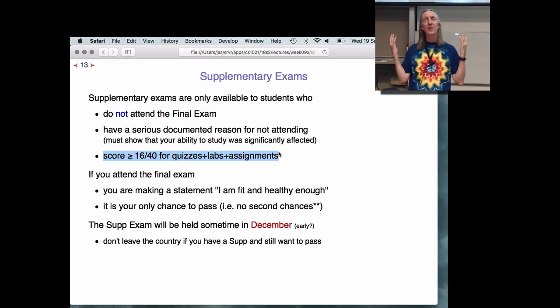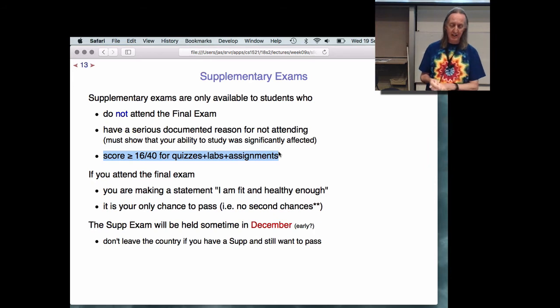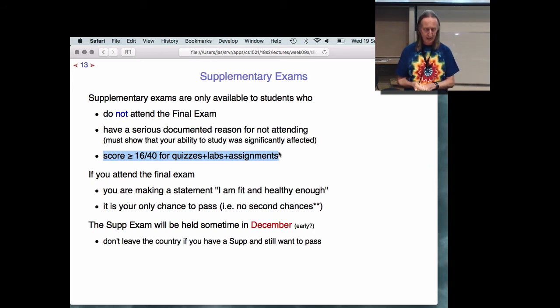If you didn't bother submitting any of the labs, you only submitted one quiz and you only submitted assignment 1, I won't be convinced that you've taken the course seriously, and I won't be predisposed to giving you a sub, even if you didn't attend the final exam. So if you do attend the final exam, then basically I treat that as you saying, I'm in a fit state to do this.